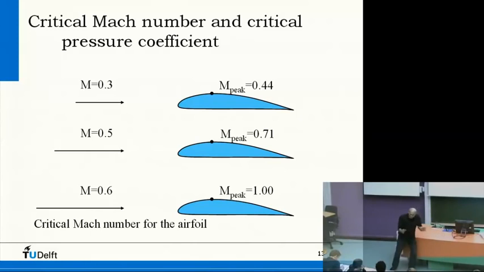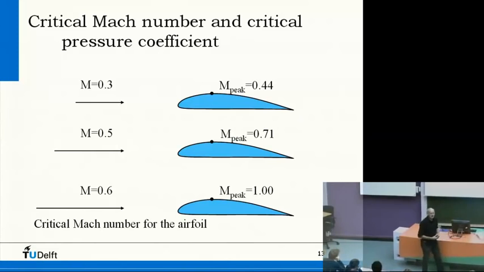Okay, but if we look at a certain airfoil, and then we look at the velocities at the upper surface. The upper surface gives super velocities, higher velocities. Pressure goes down, velocities go up. So if we have an approaching Mach number of 0.3, that's somewhere on the airfoil because of the form.